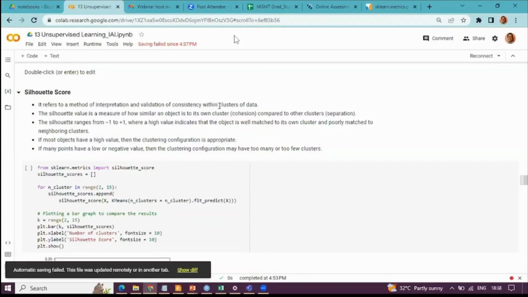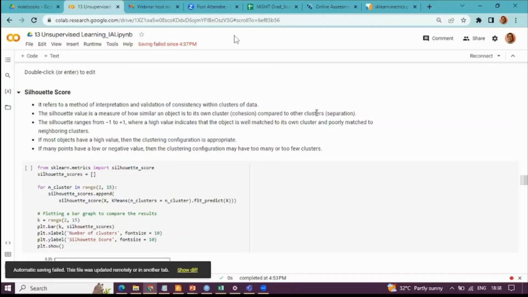It's a measure of how similar an object is to its own cluster. That is what is called cohesion: within the cluster, how close are the various observations, compared to the other clusters. So between the clusters, how much separated they are.